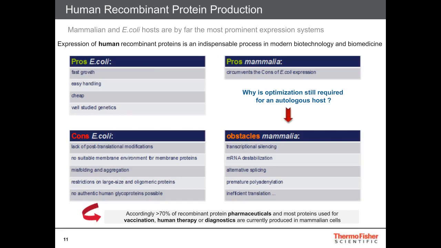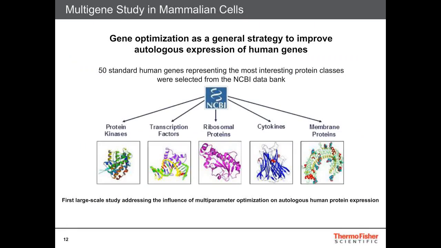Leaving us with the question, why do we then still need optimization if we produce our protein in an autologous host? And the answer to this question is quite simple, since in nature, expression is rarely optimized for maximum expression, for maximum yield, but rather for maximum regulation. And according to this, you still face significant obstacles in mammalian protein production, such as transcriptional silencing, a destabilized or non-stable mRNA, alternative splicing events, premature polyadenylation events, or simply an inefficient translational process.